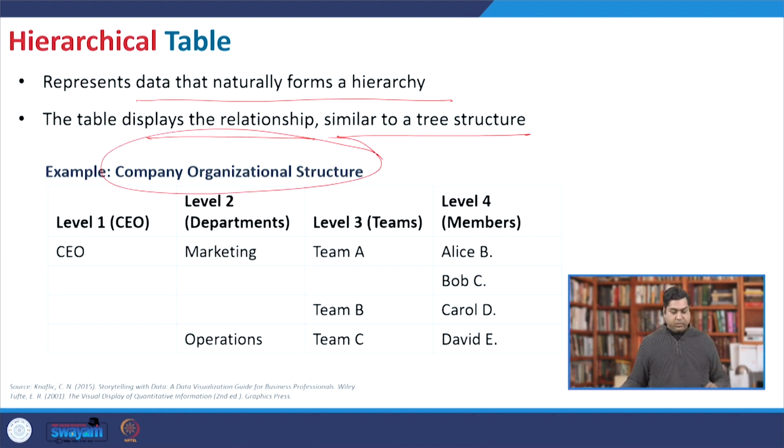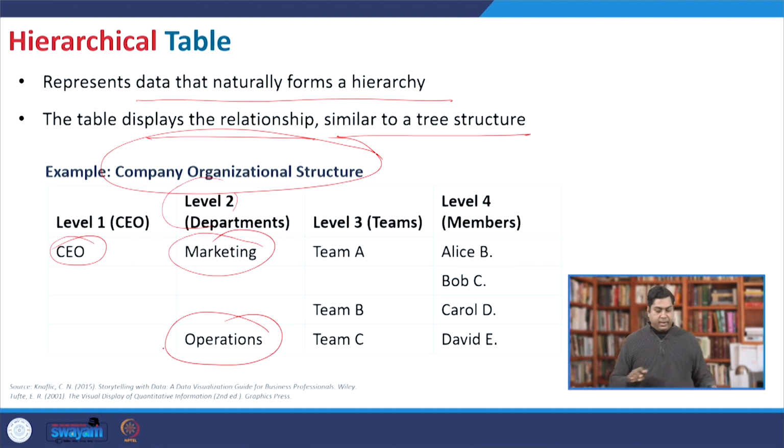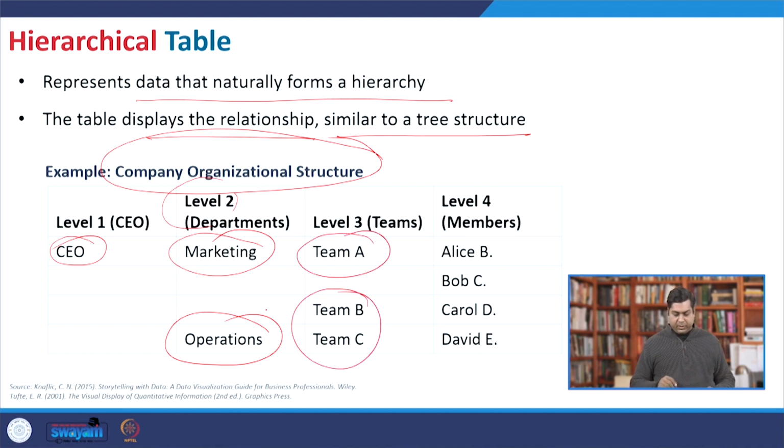Level 1 represents the CEO, and level 2 has two departments, marketing and operations. Then at level 3, team A is working in marketing, and in operations you have team B and C.